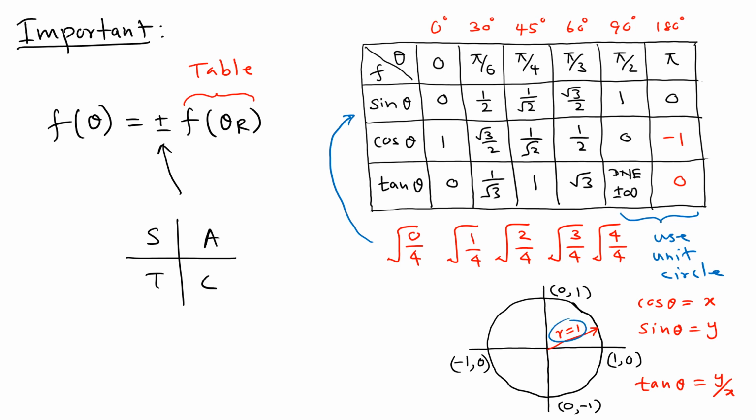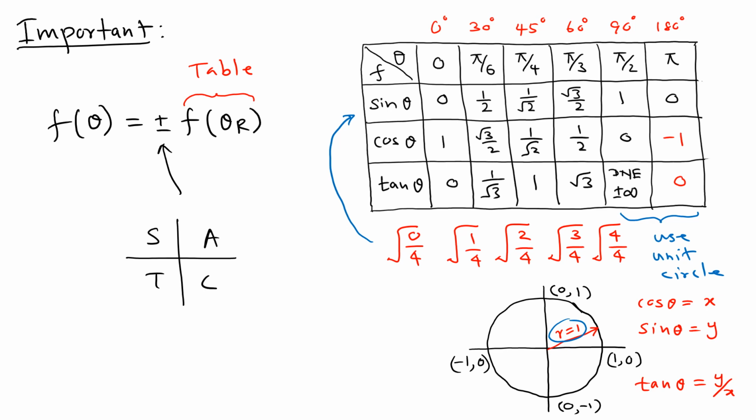And you can see that cosine is the x coordinate, sine is the y coordinate, and tan is the quotient of the y coordinate over the x coordinate, if it is defined. So you can find all the values using this. These are the things that you need to remember, and using these you can easily solve any problem of this type.